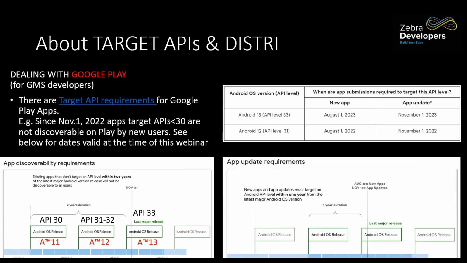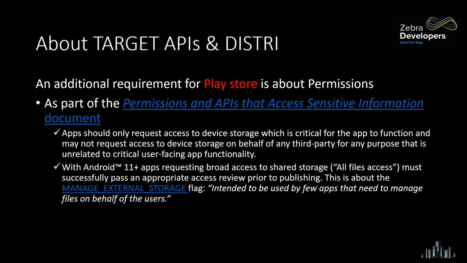As of today, December 2022, the next levels will be August 2023 and November 2023, when API level 33 will be necessary to post an application to the Play Store. And of course, adopting the target API of those levels makes you fall fully into the scoped storage requirements.